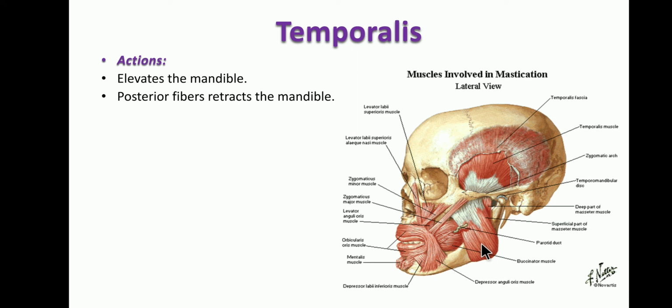So it should not easily get fatigued. And second, power and range are necessary. Force of contraction is very important, because when you want to munch or bite a very hard structure.